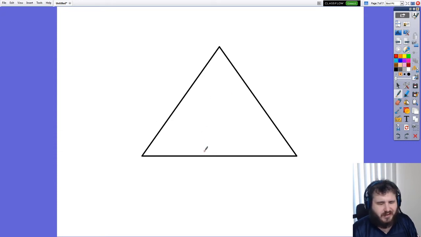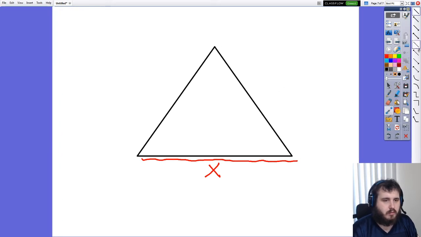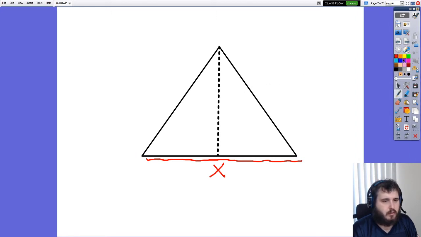It could be 50, it could be 10, it could be X. If this side here has a length of X, the height, the perpendicular going straight down here like that, will always be X radical 3 divided by 2.